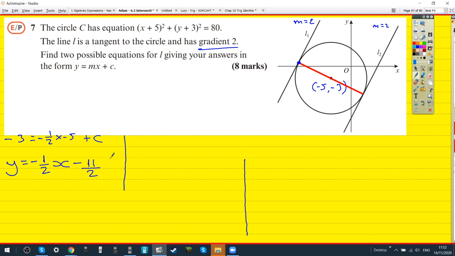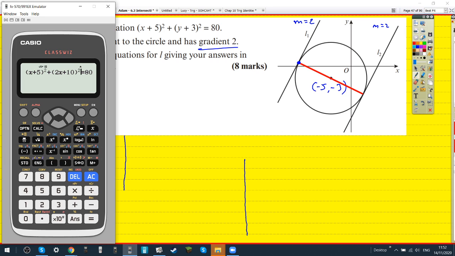So that's the one that we sub in. Instead of 2x, so my one here, that was +3. So instead of 2x, it's -0.5x minus 11/2.